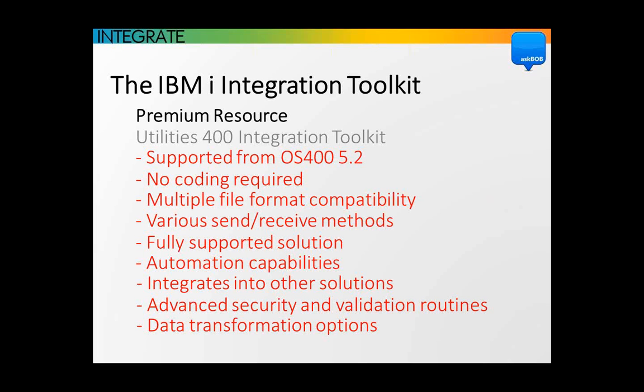Not only is the product arguably more robust, but it is fully supported and tested by a dedicated team of experts. In addition, many premium solutions also enjoy added technologies ideal for advanced integration required by modern businesses, such as an integrated rules-based validation engine, multiple file format compatibility, and various send-receive methods.